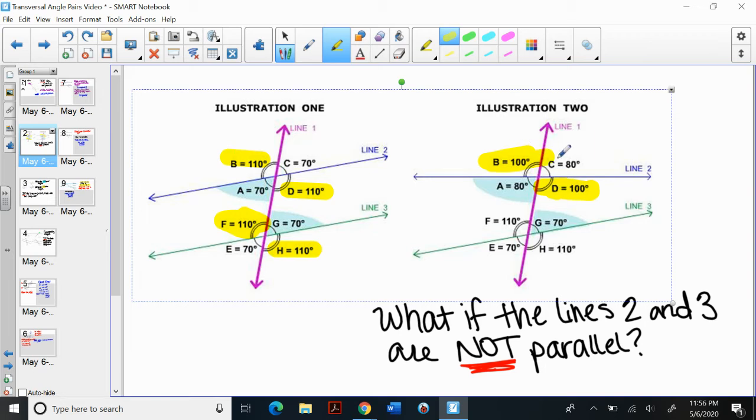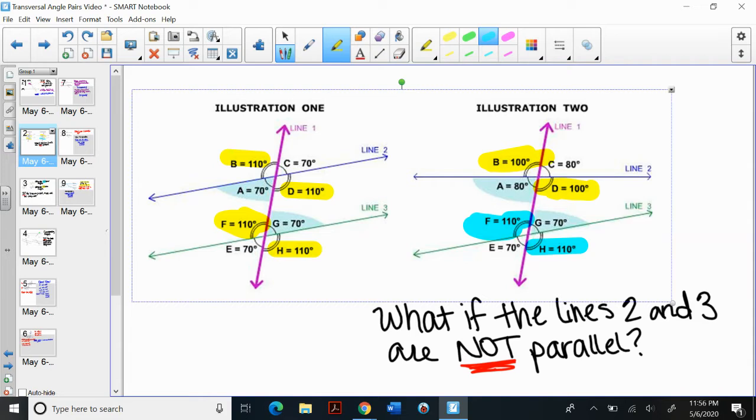So that's going to still apply no matter what. But if I slide on down to line 3 and I look at angle F and angle H, those now measure 110 degrees, which is not the same as 100. So as soon as my lines are not parallel, they're not going to create congruent angles that go from one intersection to the next intersection down that transversal line.